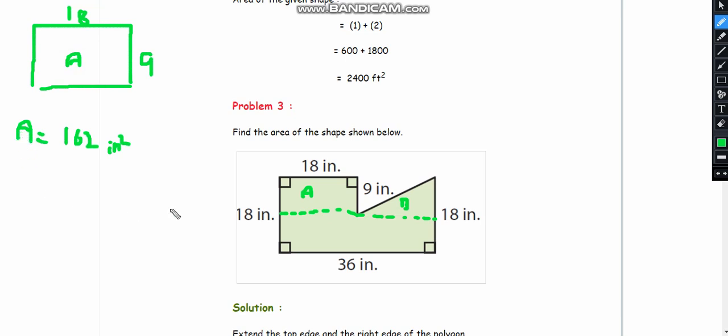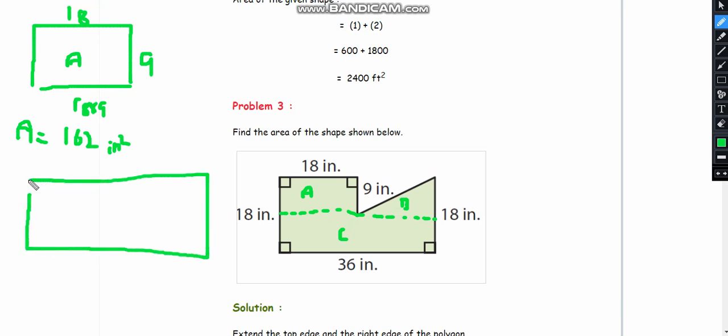Okay, then section B, or I'll do section C because it's also quite easy. So this shape is also just a rectangle. We know the bottom bit is 36. And what is the top?